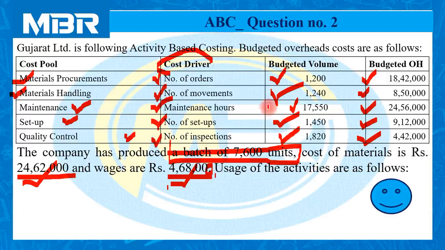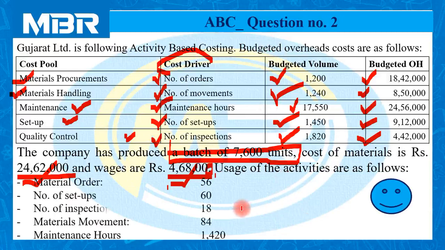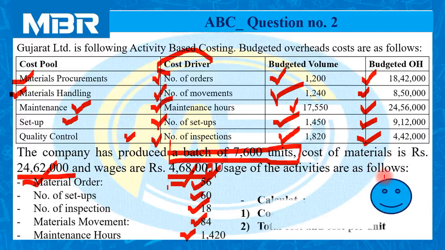Usage of the activities is as follows. Material orders 56, number of setups 60, number of inspections 18, materials movement 84, and maintenance hours during this project 1420.